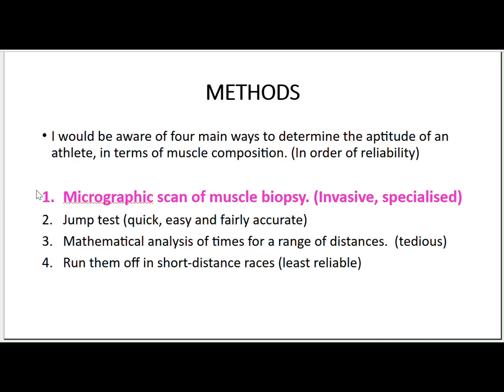If you go to the Australian Institute of Sport, you may get this done. They'll punch out a little biopsy, a little chunk of muscle, and they'll scan it underneath a microscope, and they'll count the number of white fibres to red fibres.